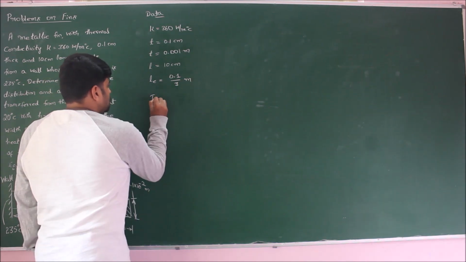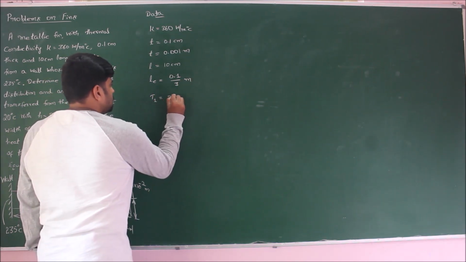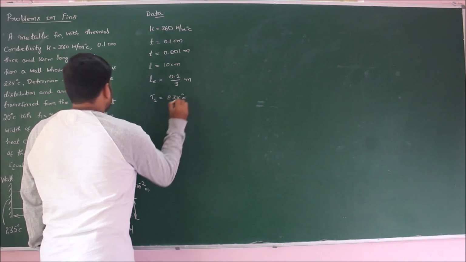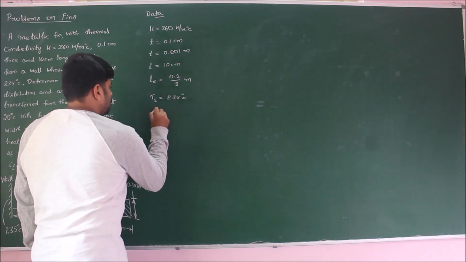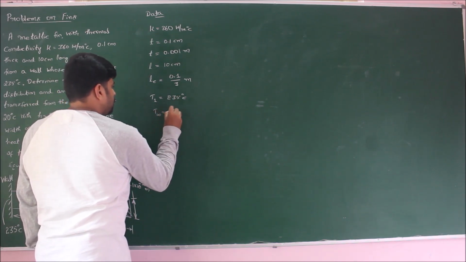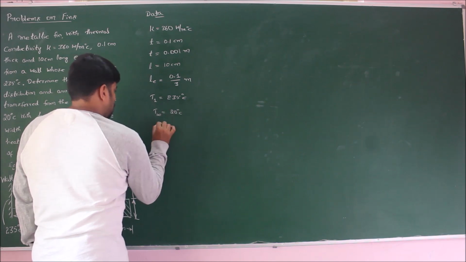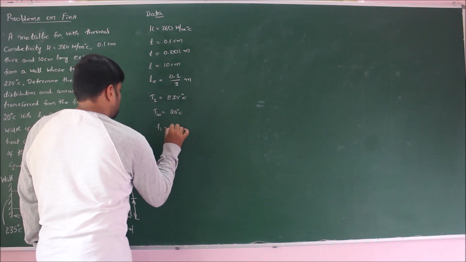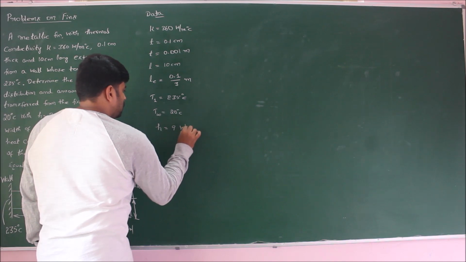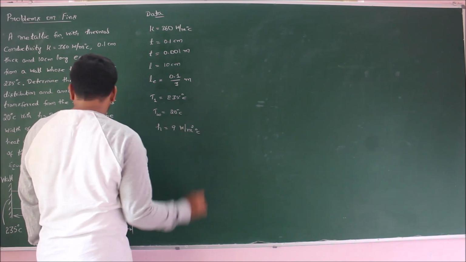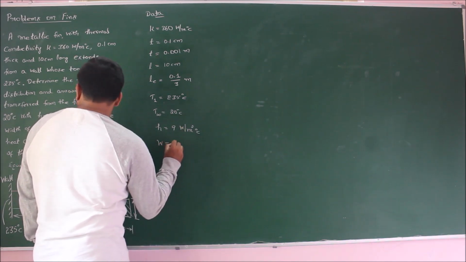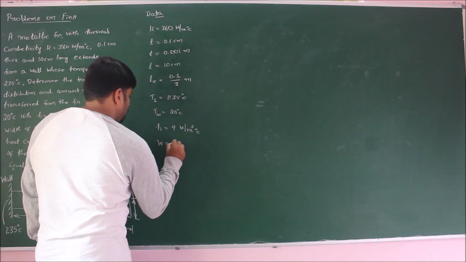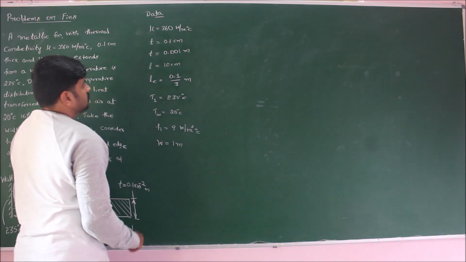Temperature at the left end is given, that is T1 equal to 235 degrees Celsius, the ambient temperature T infinity is 20 degrees Celsius, and the convective heat transfer coefficient h is 9 watt per meter square degree Celsius. Also the width of the fin is given, which is 1 meter.